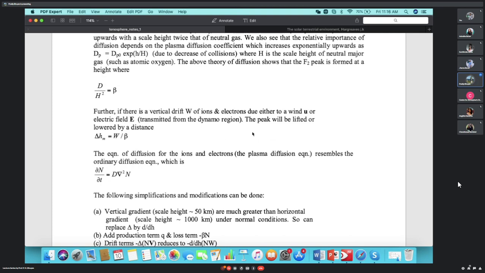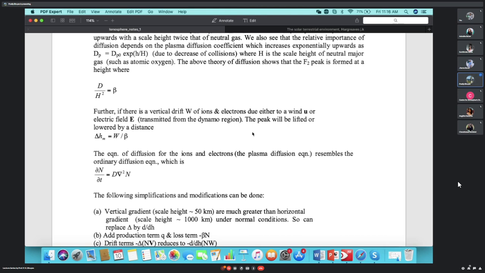Earlier, we considered the diffusion only due to the gradient and the effect of gravity, and also the effect of the electric field set up by the charge separation because of gravity. Now, in addition to that, in the ionosphere, we know there will be a wind pushing the plasma from one direction to another. Similarly, an electric field can also push the plasma upward or downward.